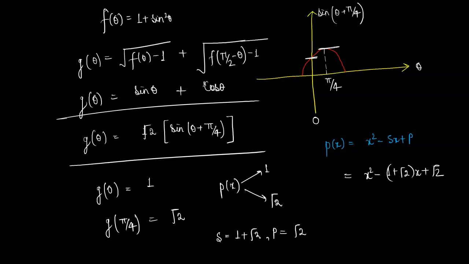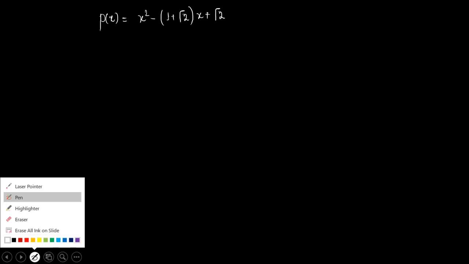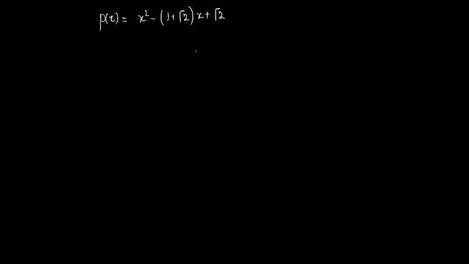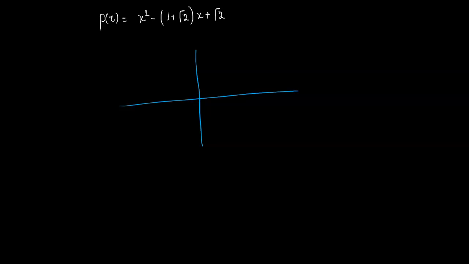So if I talk about p(x), which is x square minus (1 plus root 2) x plus root 2, then the graph of this quadratic equation will be a parabola, and it will look something like this.